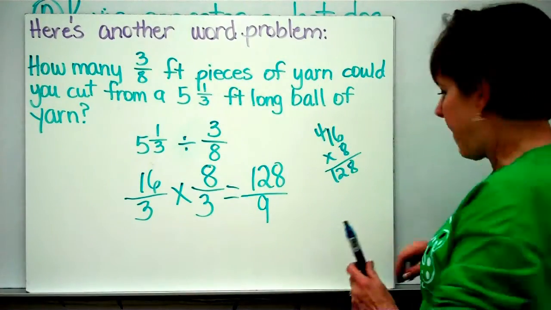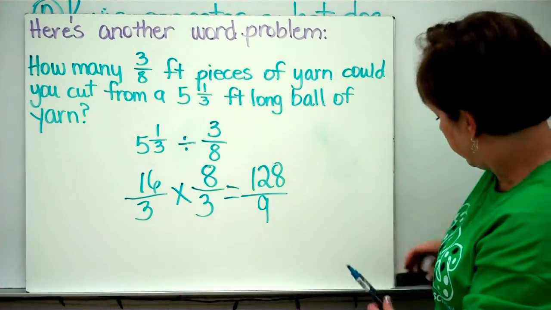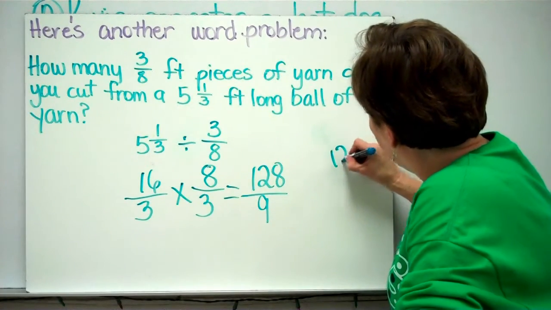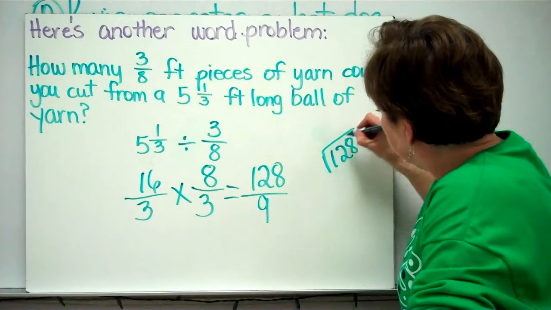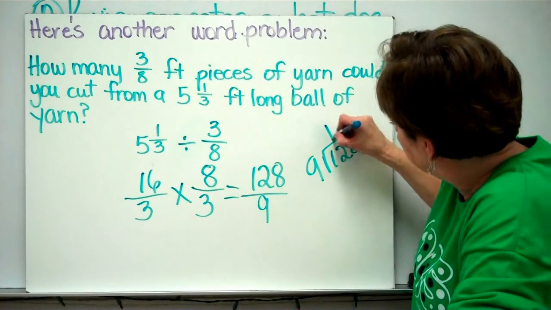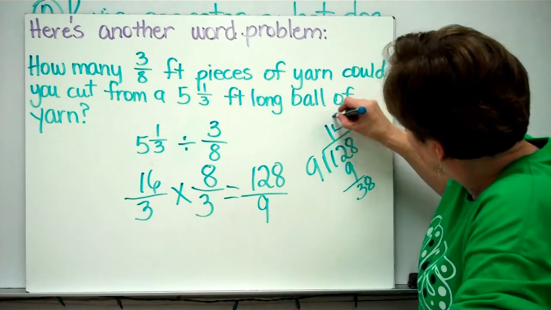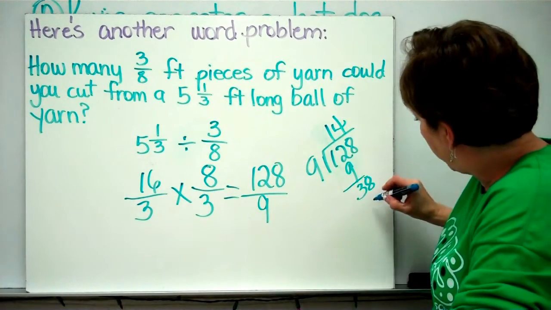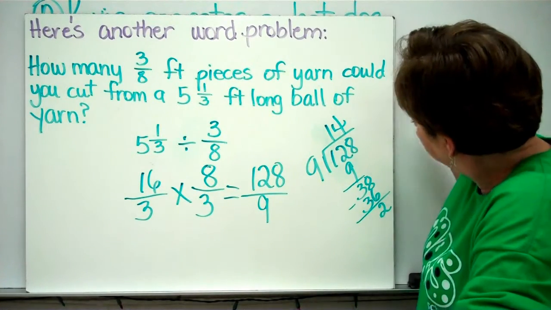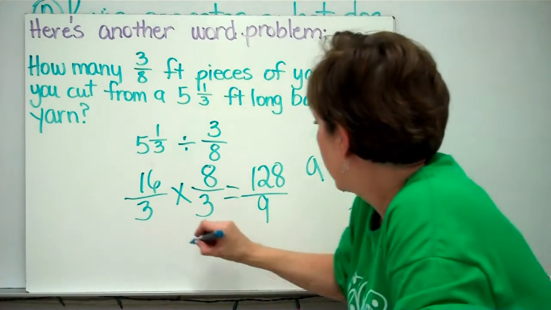Now, I need to simplify that back into a mixed number because that's what I started with. So 128 divided by 9, because that's what that means. 9 times 4 is 36. Subtract. 14 and 2/9.